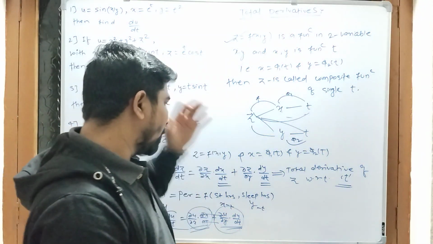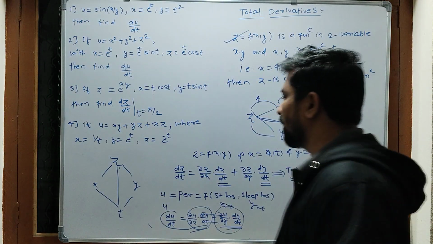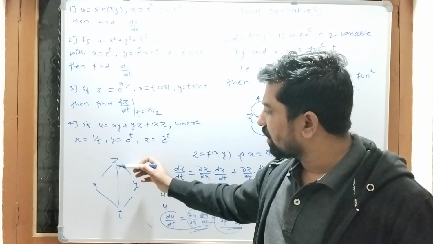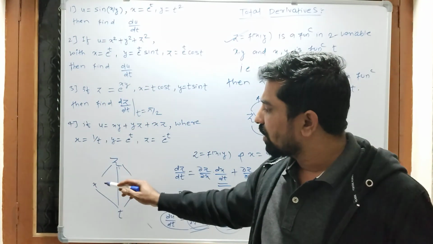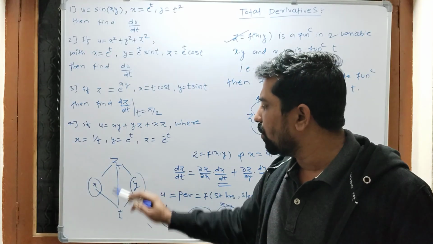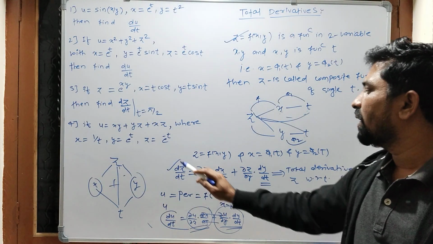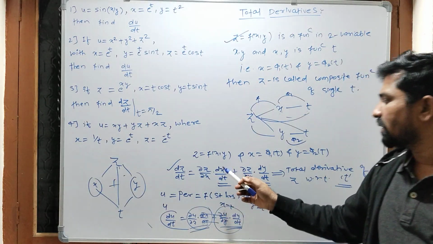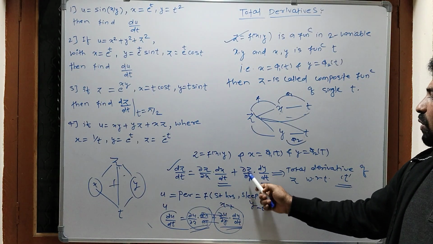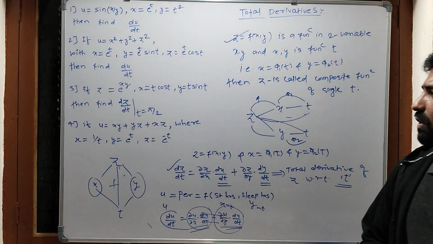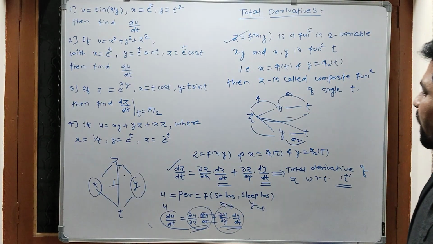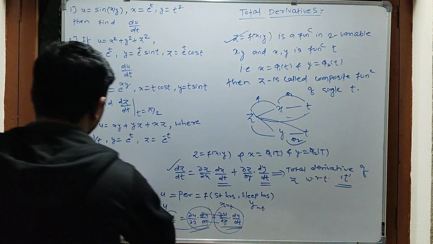The combination of both is my total derivative: the effect of t over z through x and through y. The sum of these two is my total derivative, dz/dt equals ∂z/∂x into dx/dt plus ∂z/∂y into dy/dt. Now I will solve examples one by one so you will get an idea.